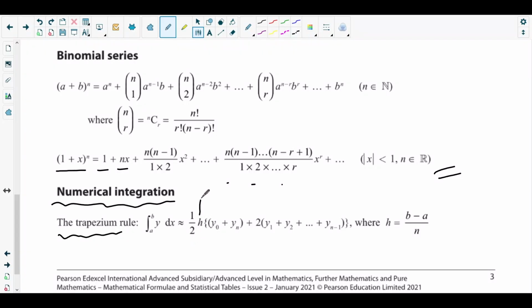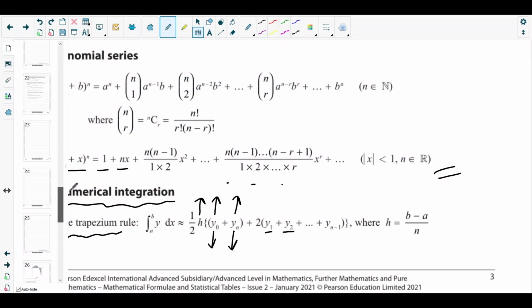Half of h, where h is basically the distance between the strips, the difference of the x values, which is constant. y0 is the height of the first strip and yn is the height of the last strip.